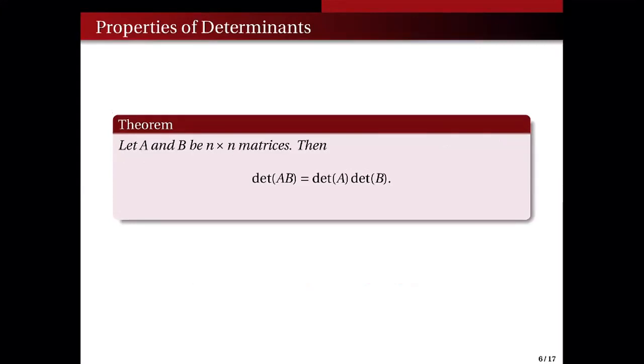So the determinant of AB is equal to the determinant of A times the determinant of B.